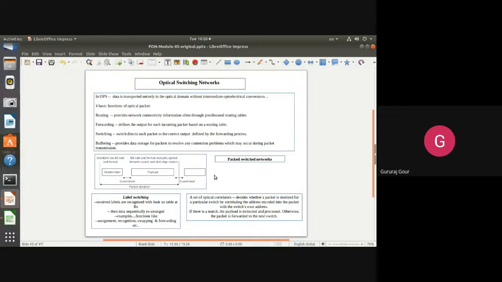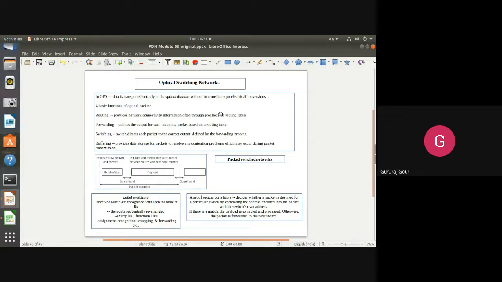So next come packet switched networks. These are also known as optical packet switched networks, or OPS. Here the data is transported completely in the optical domain, which is very important, without any intermediate optoelectrical conversions.